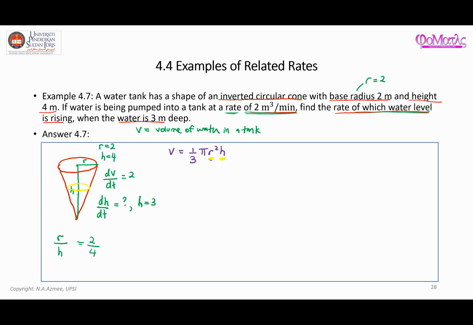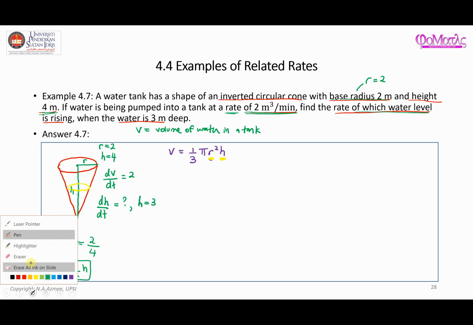This is something that we can get based on the information given here, based on this information and this information. So therefore I can express r in terms of h. So r will be 2/4, which is 1/2, times h.